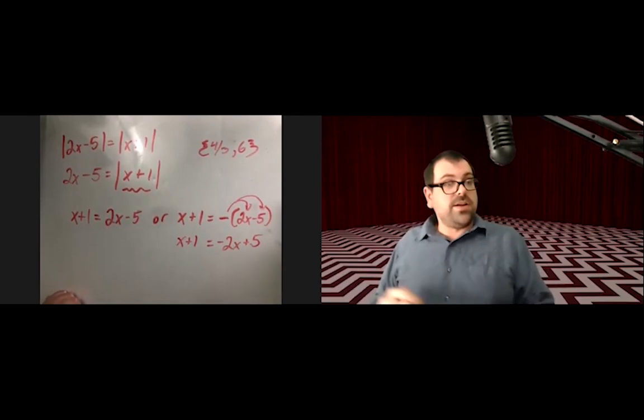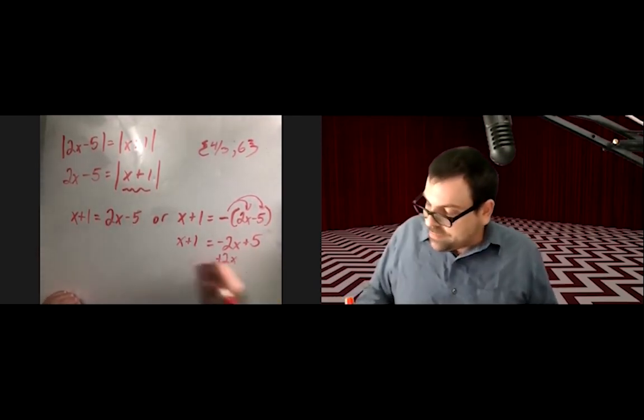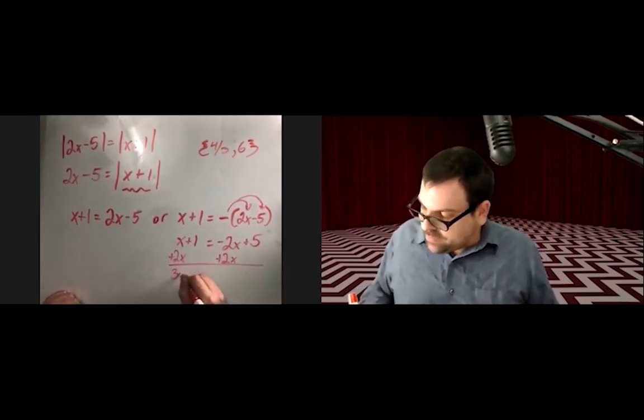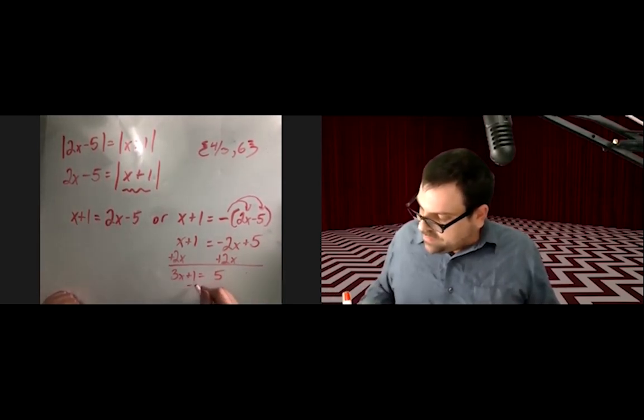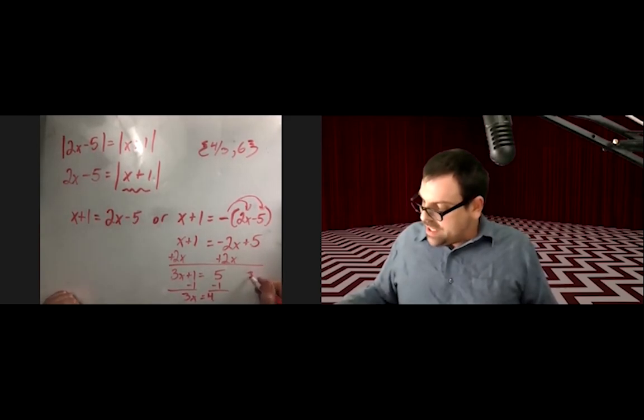Since I've already started solving this side, I'm going to go ahead and add 2x to both sides. That gives me 3x plus 1 equals 5. Subtract 1 from both sides. 3x equals 4. Divide both sides by 3. There's the x equals 4/3.